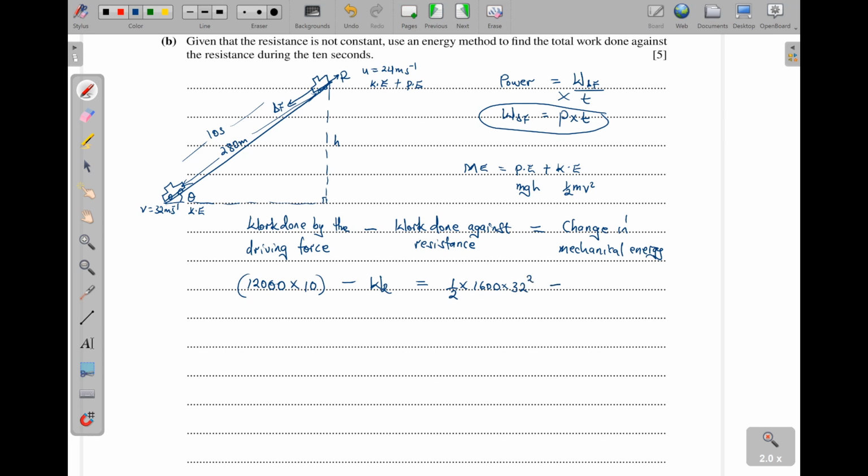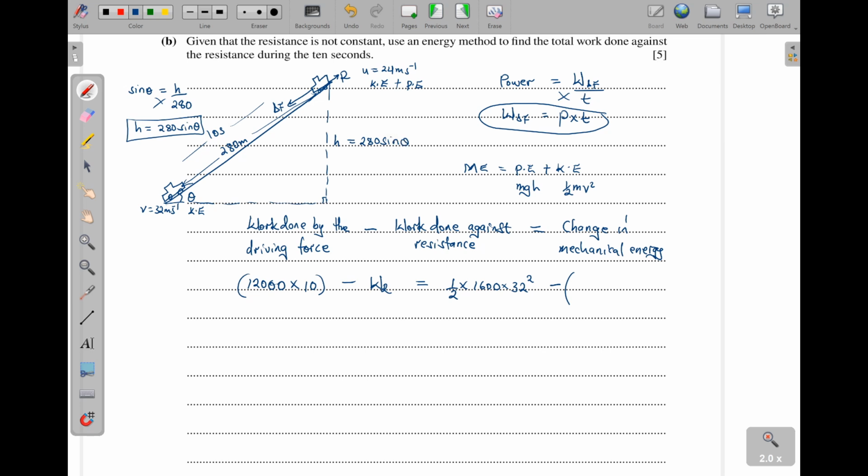From there, we subtract the initial, which is mgh. Since this is a right angle triangle, sine of theta is equal to h over the hypotenuse, which is 280. So h is equal to 280 times sine of theta.